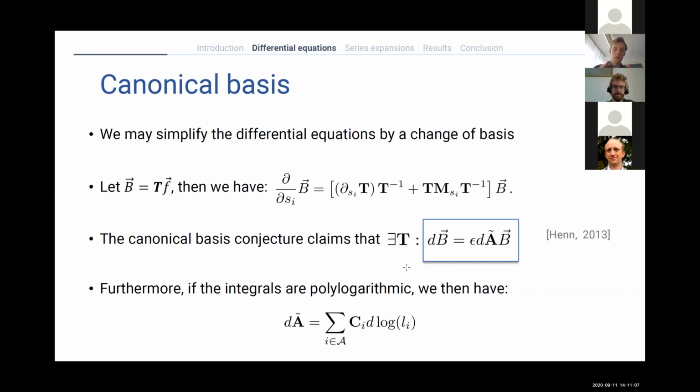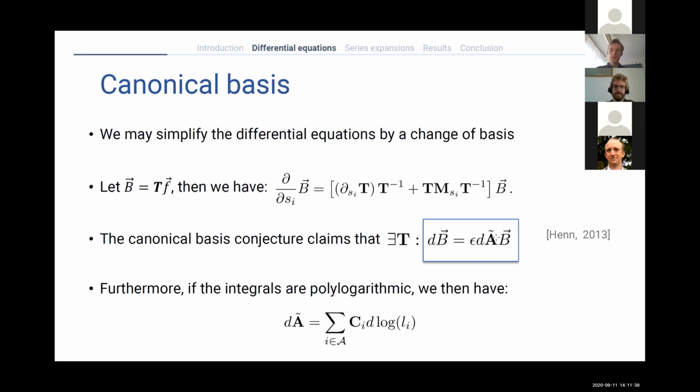Now, a very powerful way of solving the differential equations came from the introduction of the canonical basis by Johannes Henn, who observed that if you do an appropriate change of basis, then sometimes you're able to factor out the epsilon dependence, and then you get this nice form here, where you have a total differential, and this dA tilde matrix doesn't depend on epsilon anymore at all.